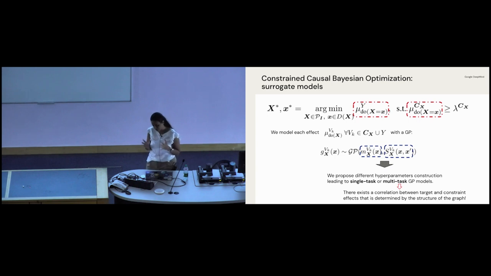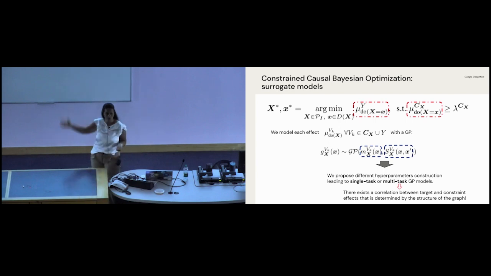Now, something to notice here is that in general, in Bayesian optimization, people have thought about multi-objective optimization, and so they have come up with models that account for the correlation existing among different objectives, but they haven't considered the existence of correlation between constraint and target effect. However, in causality, there is a correlation between the target and the constraint, which is induced by the graph.